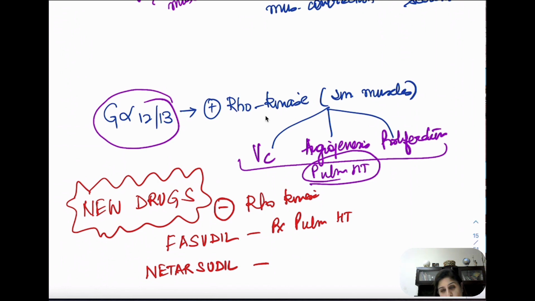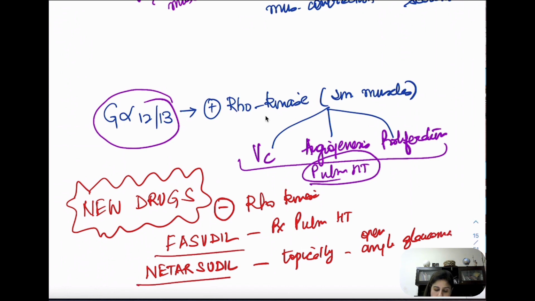Again, this is also a rho kinase inhibitor, but it is topically acting, and it has been used in some patients of open angle glaucoma. So these are two important drugs, Netarsudil and Fasudil, used for management of different types of diseases. One is for pulmonary hypertension, the other is topically used for open angle glaucoma.